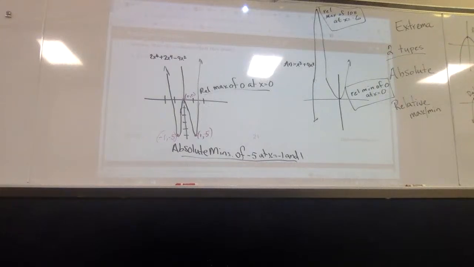Cut off at the top. I think my notes are very nice and deep. So, all I want you to do for 1, 2, 3, and 4 is tell me what the maxes or mins are.